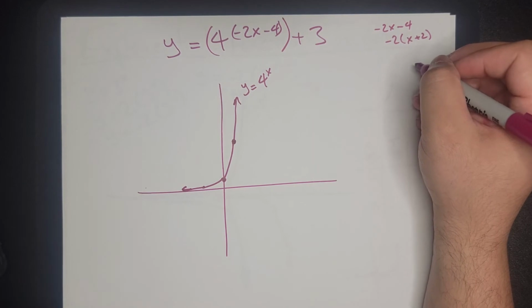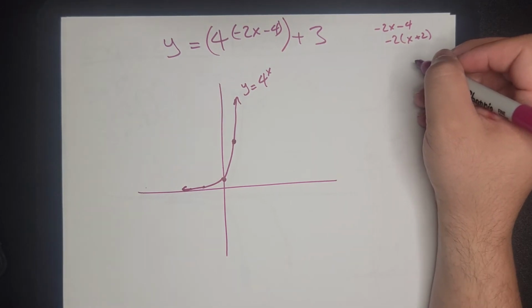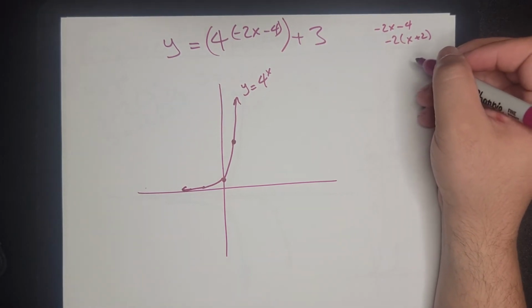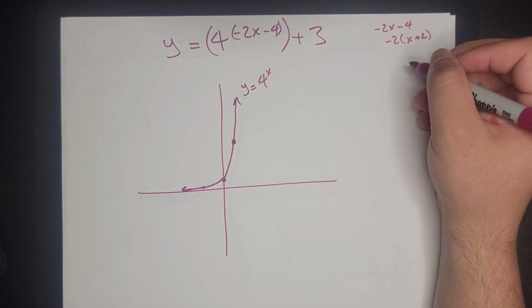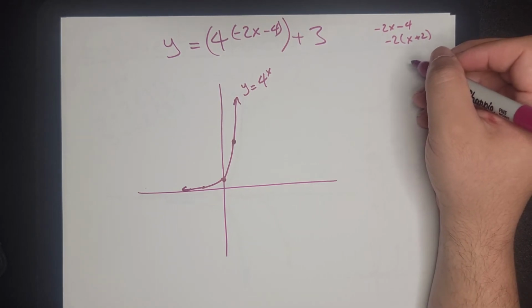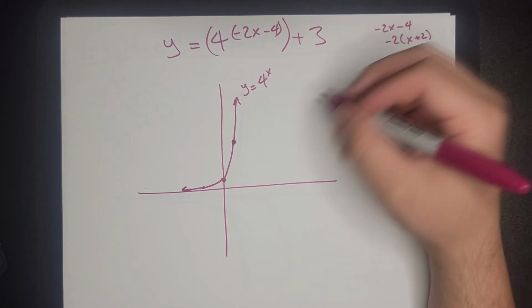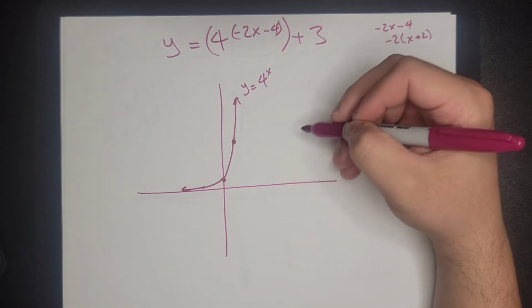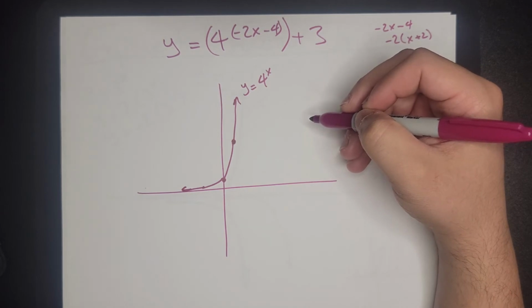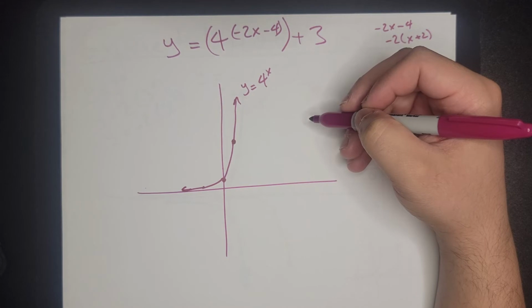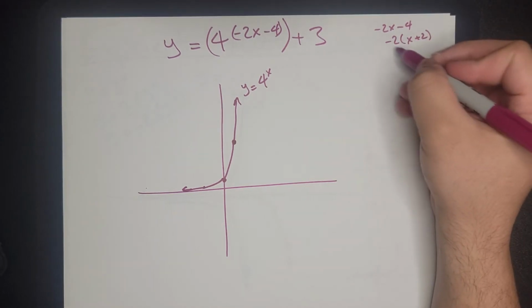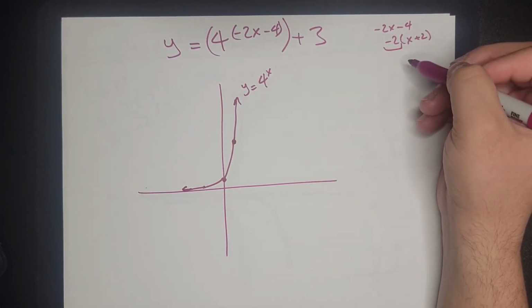So one of the first things that I can see here, I have the 4 to the x. Now I have the x values being multiplied by a negative 2.